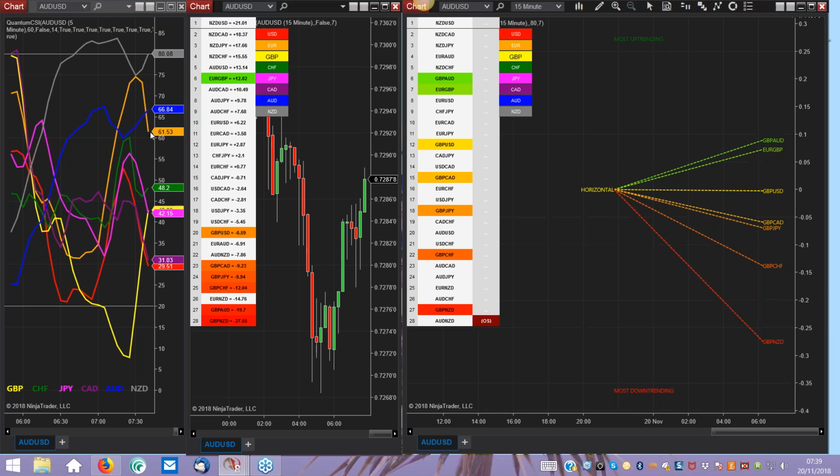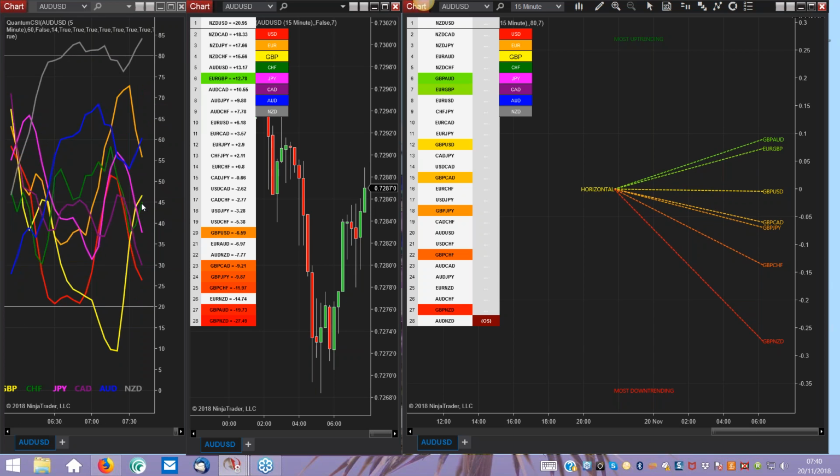But if you're looking at this just as a straight example, you're spoiled for choice. You could look at the pound against the euro, certainly one to look at. The yen has also rolled over, so possibly pound yen, they're starting to cross. Or just a very straightforward example on cable. The dollar is the red line, so that's falling quite strongly in this time horizon, and the pound is rising strongly.